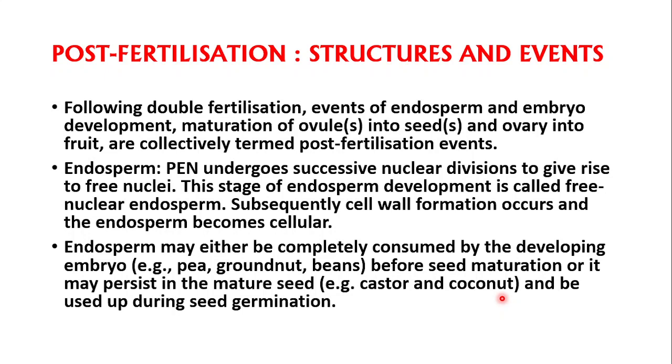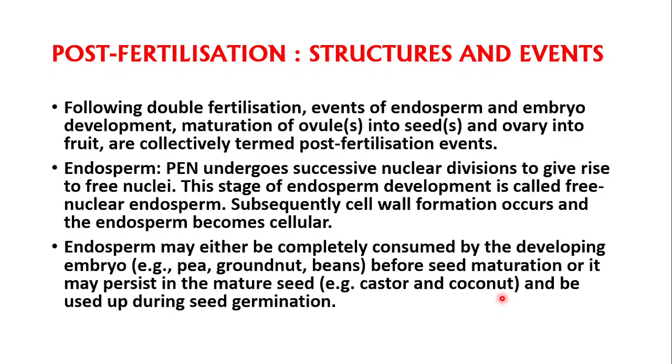Okay, next one. The ovule after fertilization will develop into seed, and the ovary after fertilization will develop into fruit. Clear? And the endosperm which is produced may be completely consumed or it may be retained.